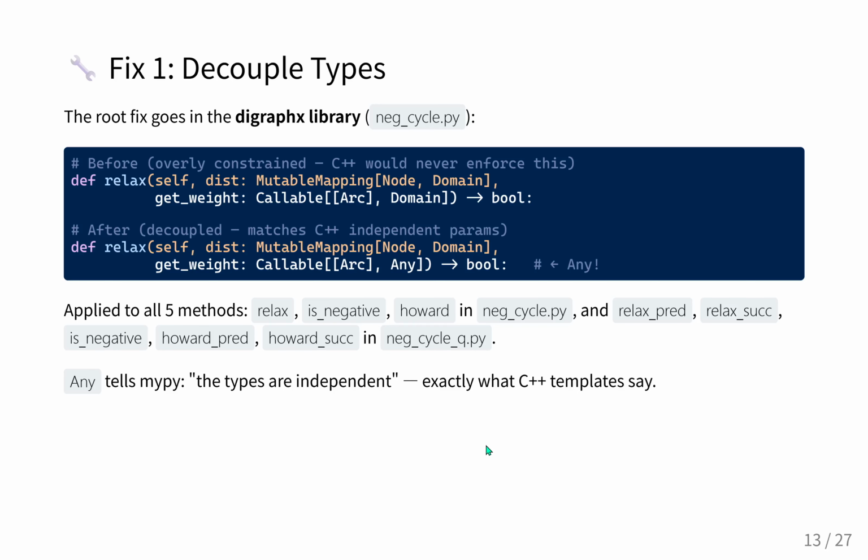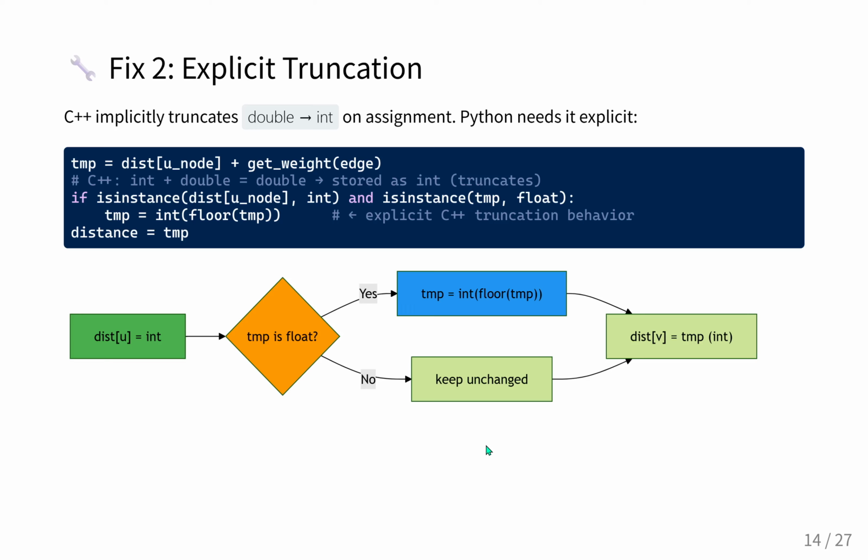I see. By applying the Any type to those specific variables in Python, the developer was explicitly communicating to the type checker, these types are independent, stop trying to force them to match. It wasn't about avoiding rules. It was about rewriting Python's rulebook to correctly mirror the philosophical freedom of the C++ original.